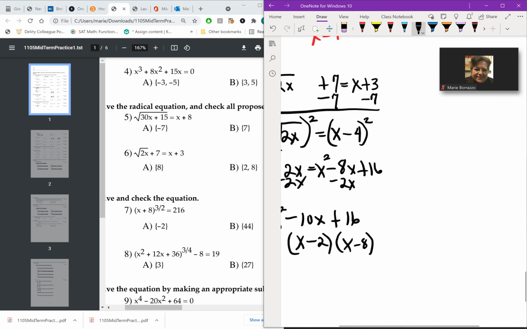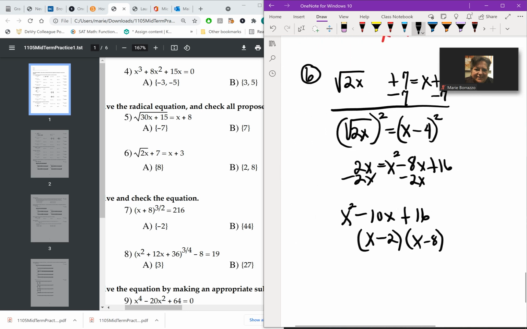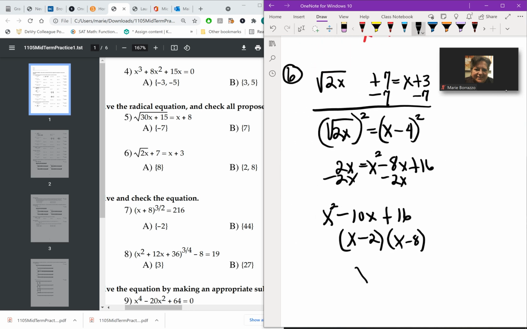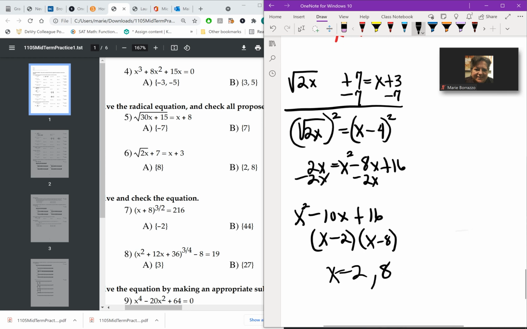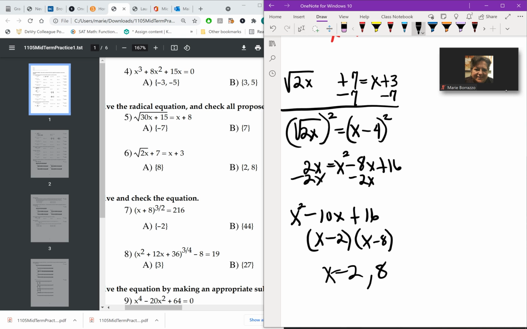Same thing over here. Over here, you have two answers: x is equal to 2 or 8. Which one works? So we're going to start by using the 2. Let me do this in red. If I do the square root of 2 times 2, which is 4, and that should equal, according to this question, if I add 7, it should be equivalent to 2 plus 3, which is 5.